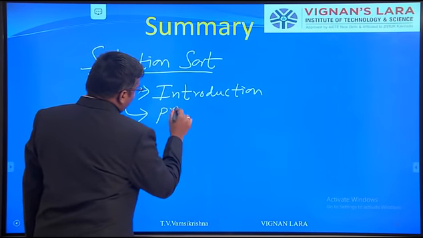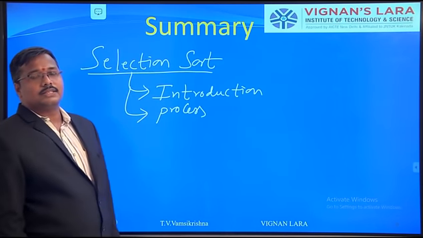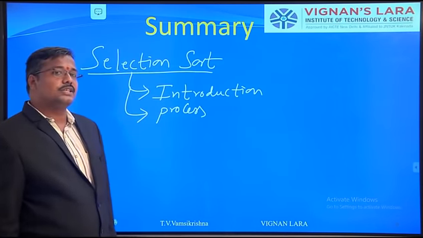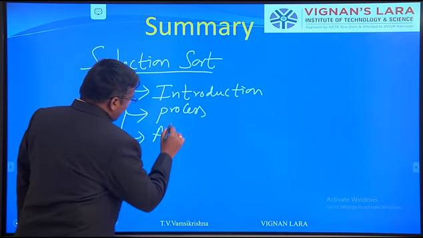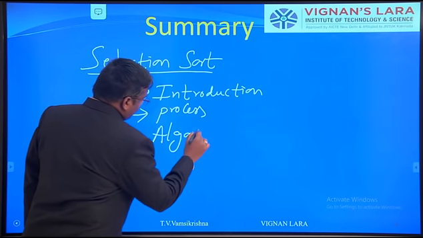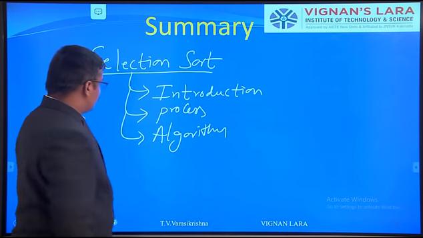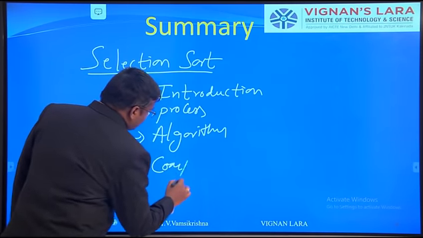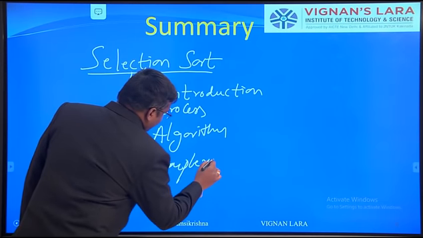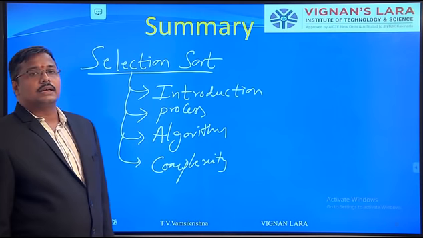After that we discussed the process, how selection sort proceeds, and next we discussed the algorithm for selection sort, and at last we discussed the complexity of selection sort.